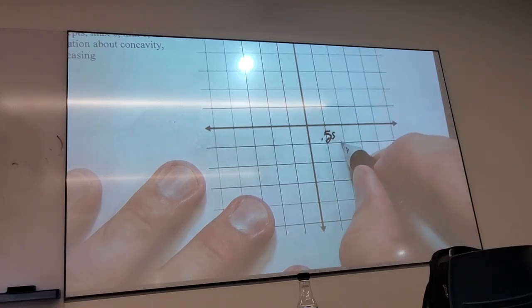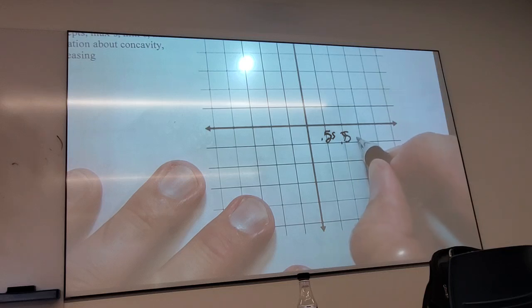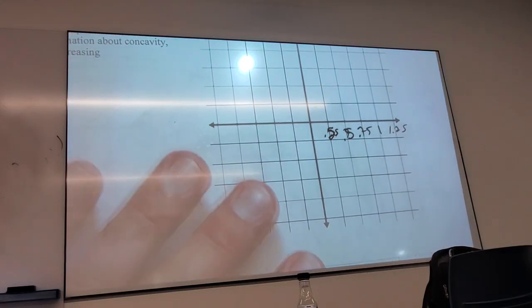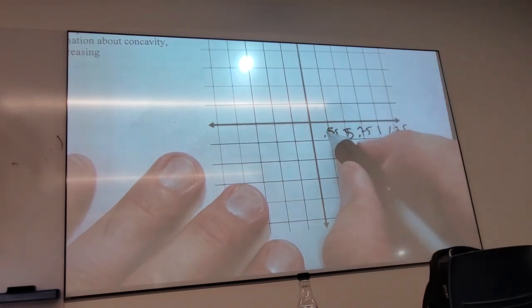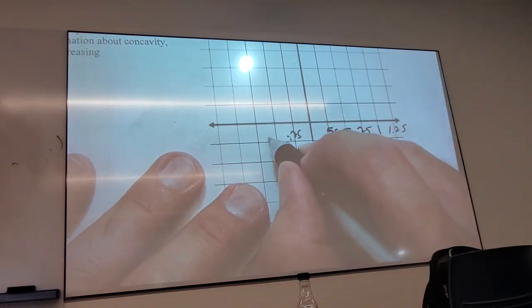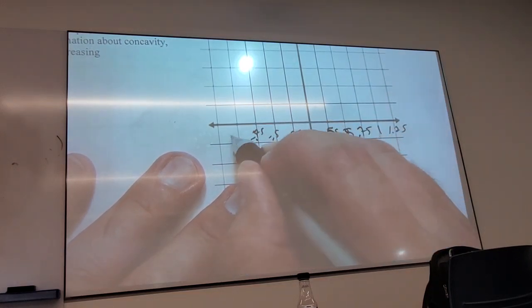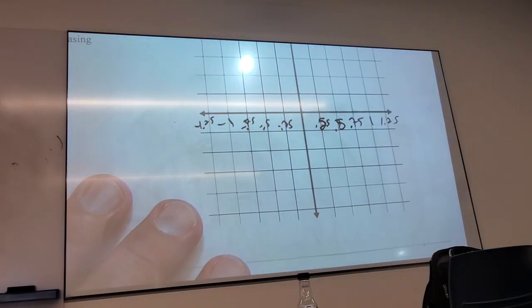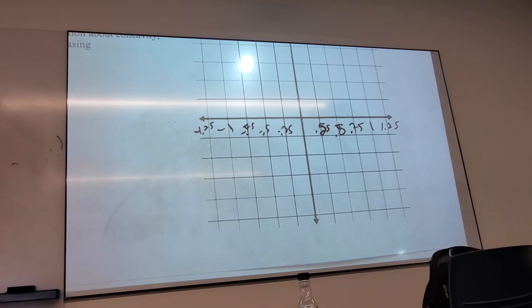Watch this. 0.25, 0.5, 0.75, 1, 1.25. That's pretty good. Negative 0.25, negative 0.5, negative 0.75, negative 1, negative 1.25. That's pretty good. So now I've given myself more room to live in, yes?